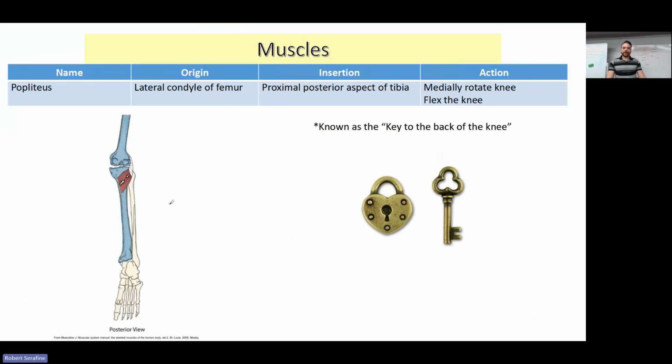Looking at our next muscle, we have popliteus. Popliteal happens to be the region known as the back of the knee. So popliteus is in the popliteal region.